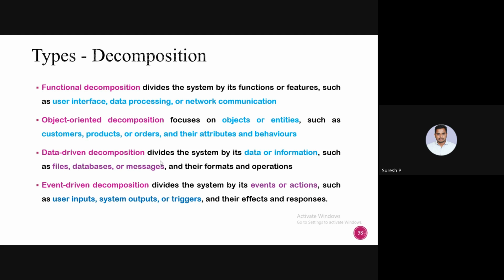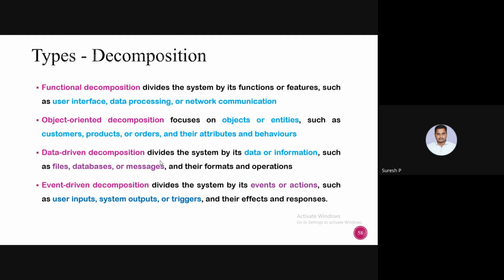Normally this decomposition may differ based on the programming languages or the programming constructs we are using to solve a problem. So based on that, we can have this classification: functional, object-oriented, data-driven, and event-driven decomposition.